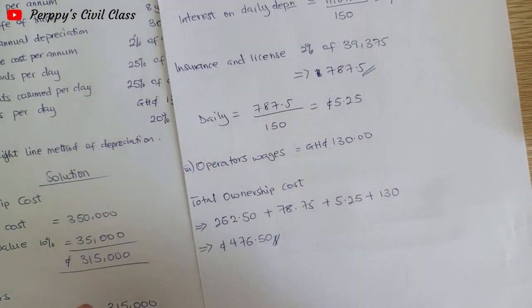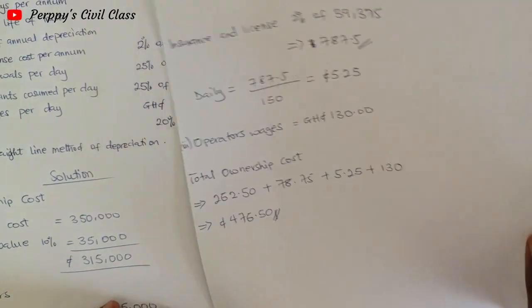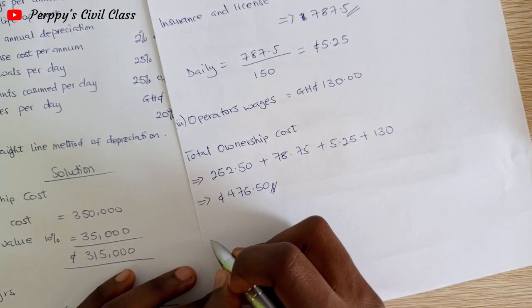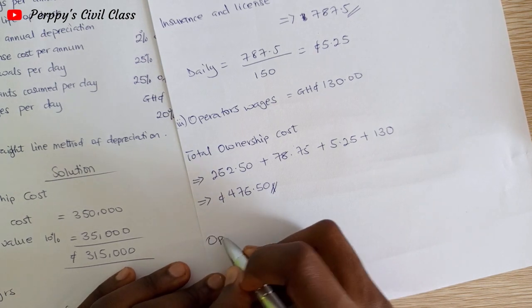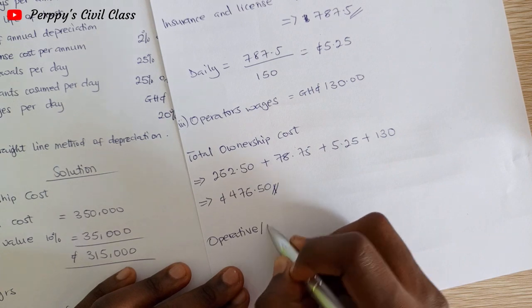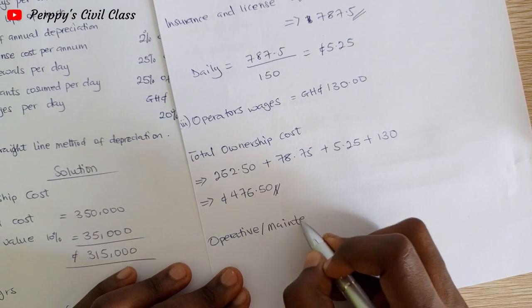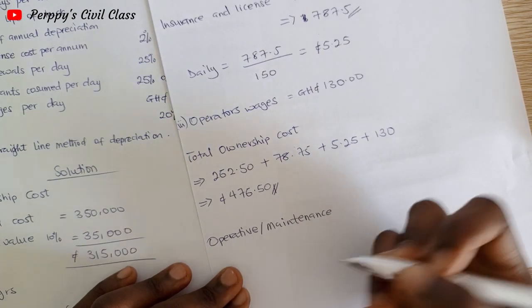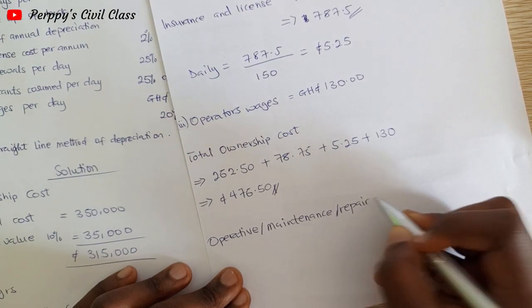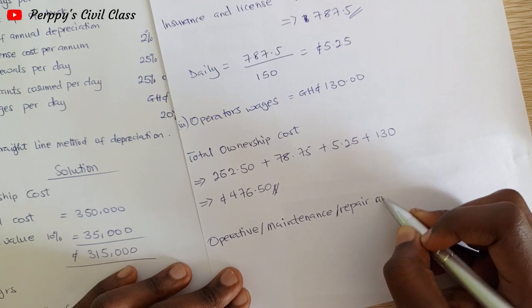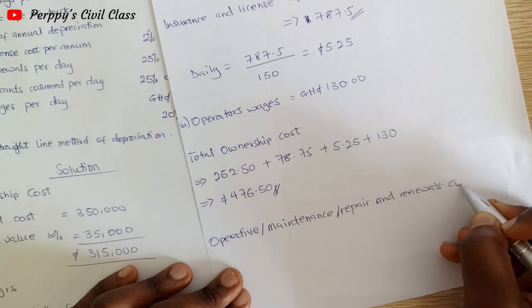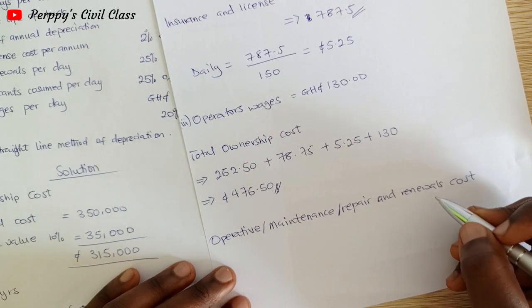Now we are moving to the operating cost. It's either operative, maintenance, or repair. The repair and renewals cost.